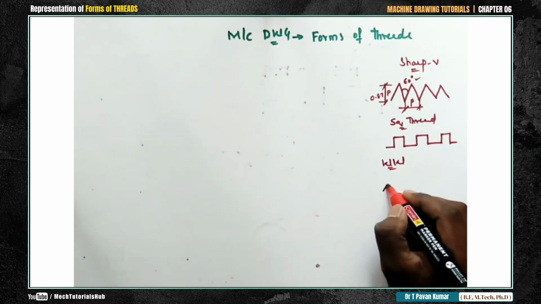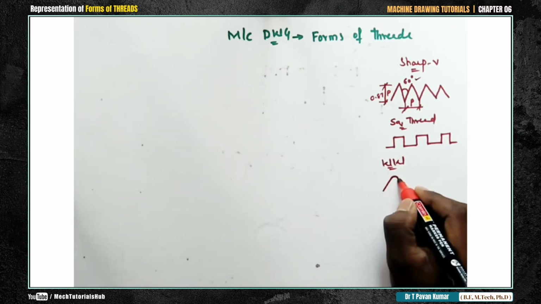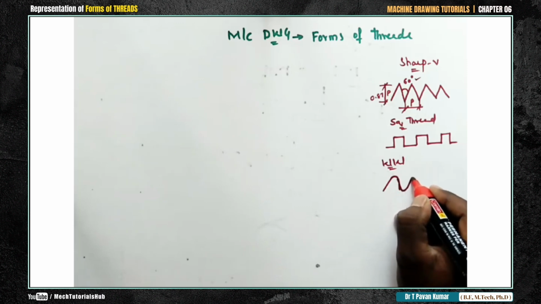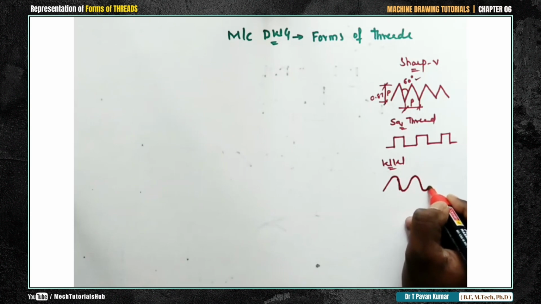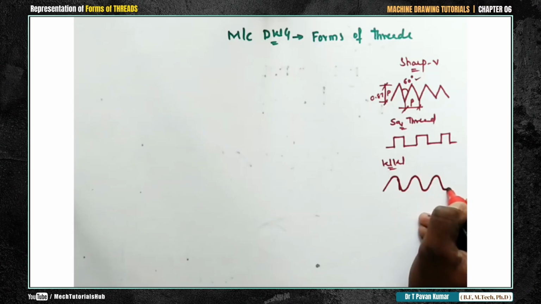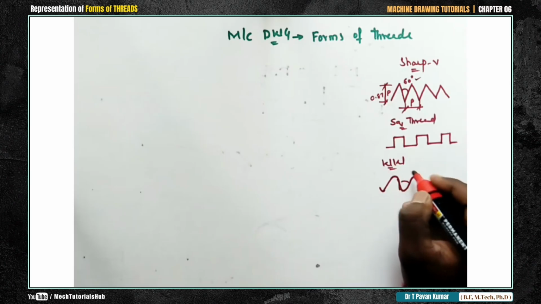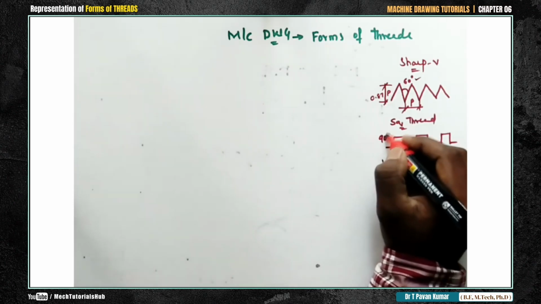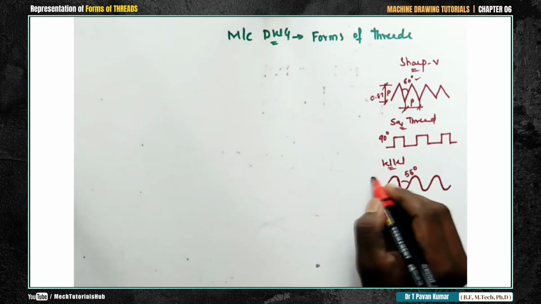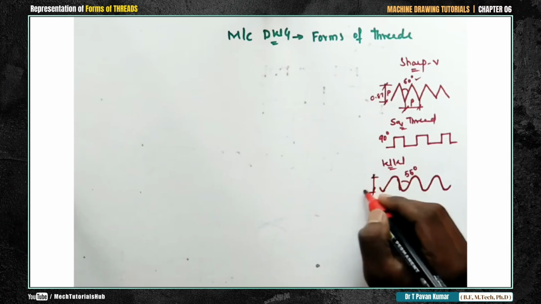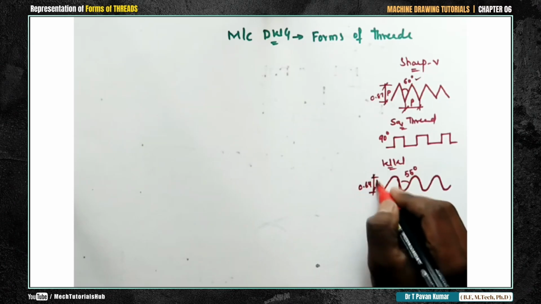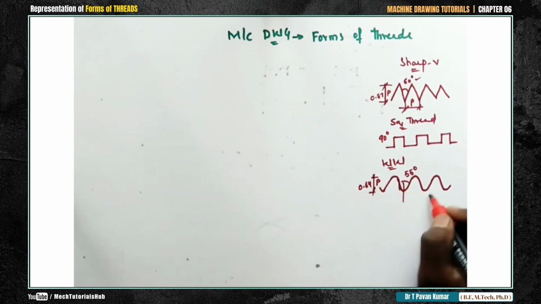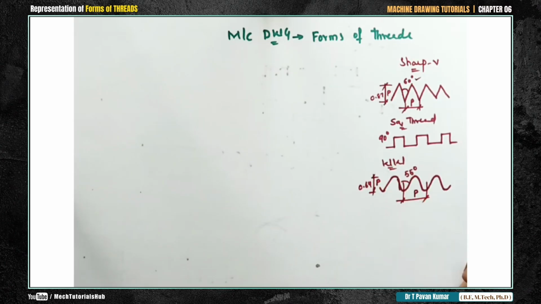It will maintain an angle of 55 degrees, and there is a height of 0.64 p. In between two, there is a pitch of p. And the radius is 0.14 p. That needs to be followed, and it is also important. All these things you need to remember. Similarly, you have buttress and worm thread also. We'll see how to draw them one by one.